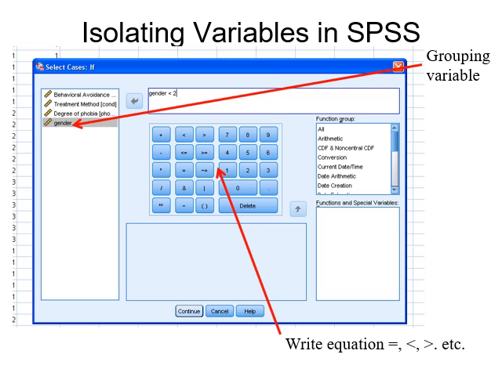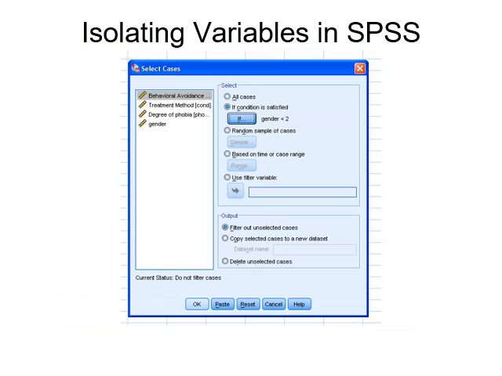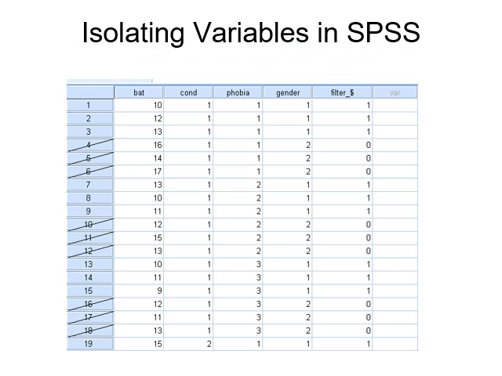Now, obviously, if you have 4 or 5 conditions in that one categorical IV that's between subjects, you may actually be using the equal sign, but you may also just be looking at, how about these 3 groups against these 2 groups? Again, it completely depends on what you want to look at. Once we've identified that, we click Continue. Once we're back on this stage, all we do is click OK. If we go to the variable view, we're going to see these strike-through lines. These are the individuals in our study that are no longer going to be included in any analysis.